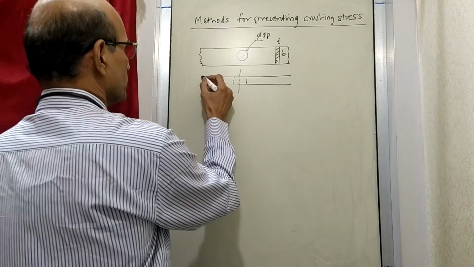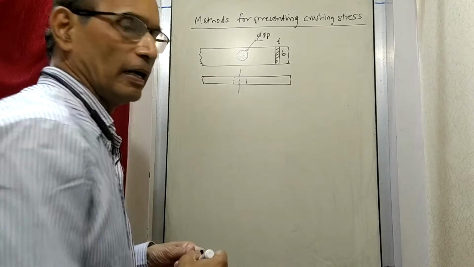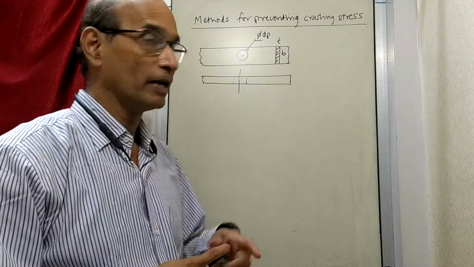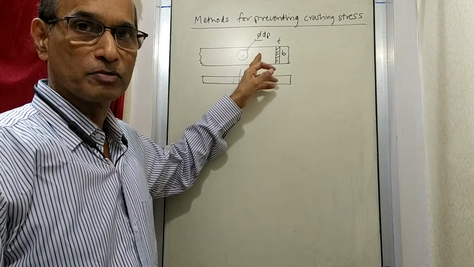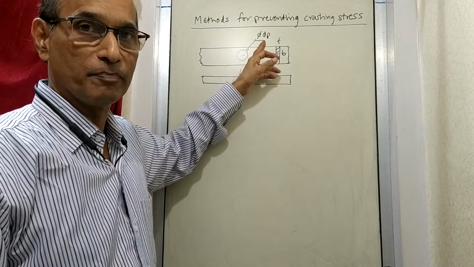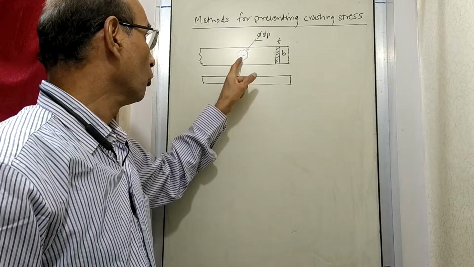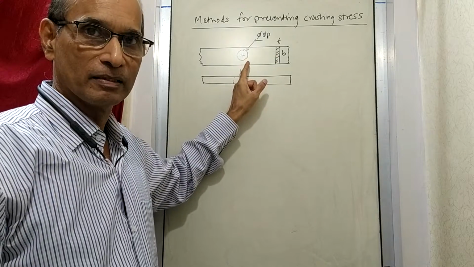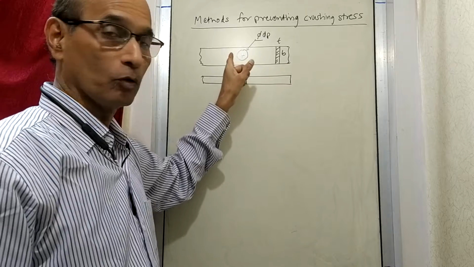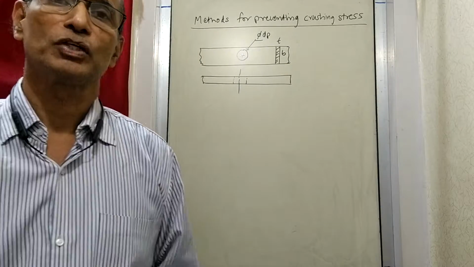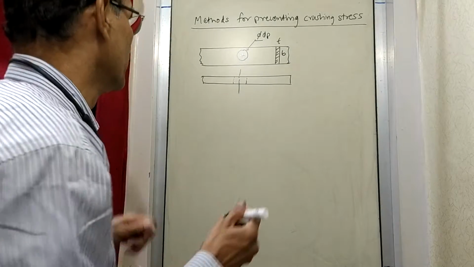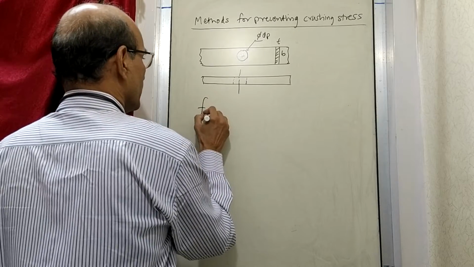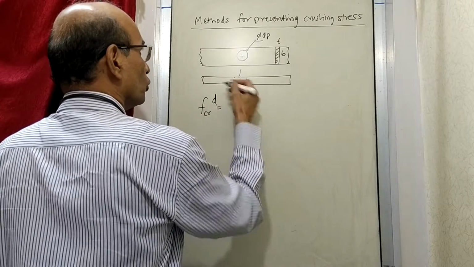Okay, this we have seen last time, that a part of a lever is drawn and there is a pinhole here, and the diameter of the pinhole is dp. Because of this pinhole, at this place, the inside surface of the pinhole, there are going to be crushing stresses. Now we write the equation for crushing stress saying that the crushing stress is equal to load, whatever is the load.